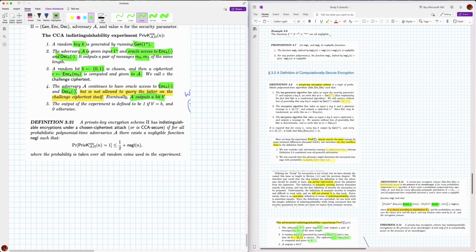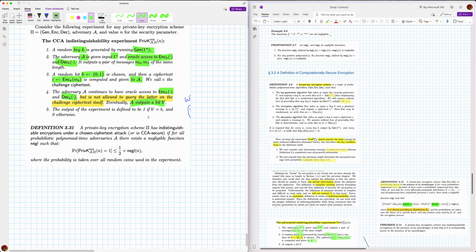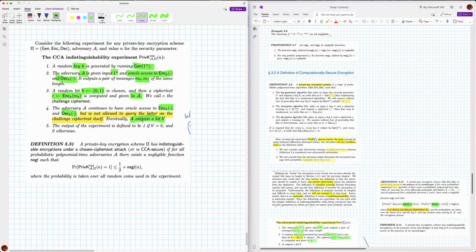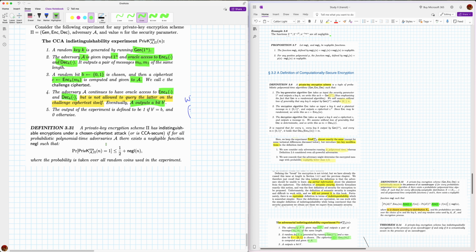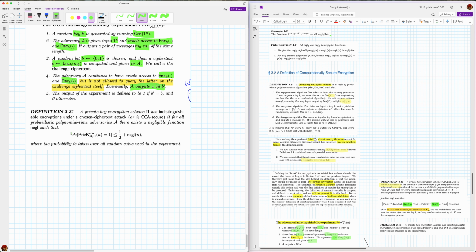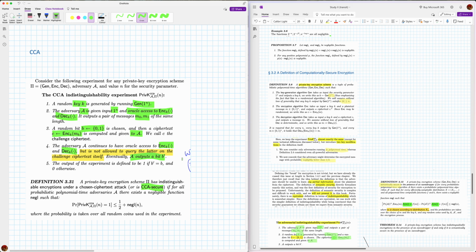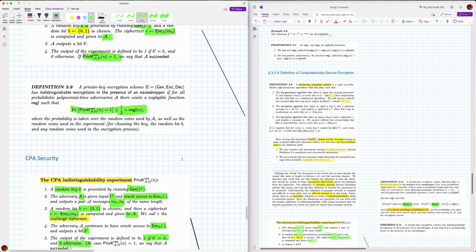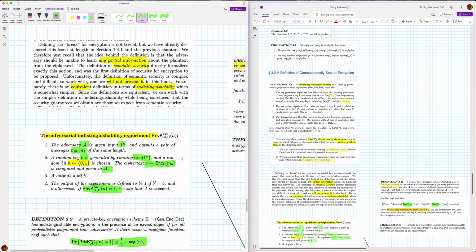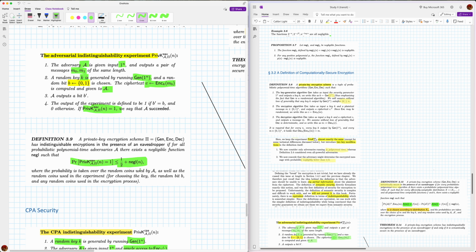But if the only limitation is that they cannot decrypt the challenged ciphertext, and otherwise they are given access to everything we can conceive of, and even then the scheme stays secure, that's a very powerful notion. We say a scheme is CCA secure if the above game cannot be won with probability better than half plus negligible. So these are the other two notions of security I wanted to add, in addition to the indistinguishability that we looked at in class.